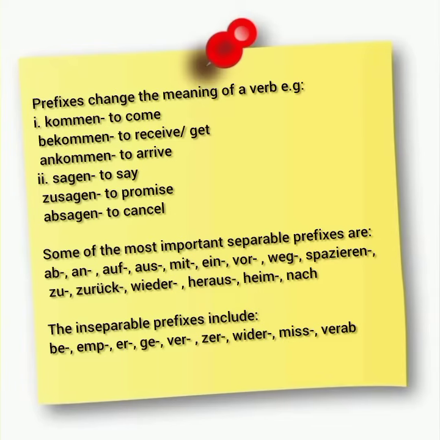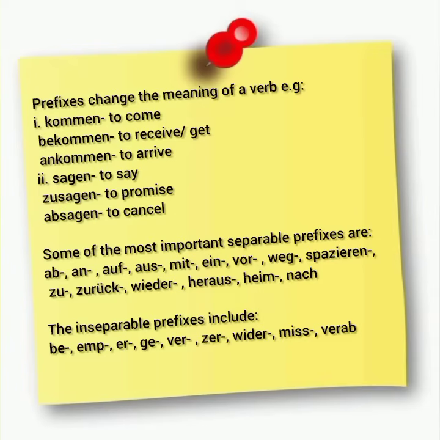We have ab, an, auf, aus, mit, ein, vor, weg, spazieren, then zu, zurück, wieder, then we also have heraus, heim, and nach. So these ones, whenever you see them, you have to separate, okay?